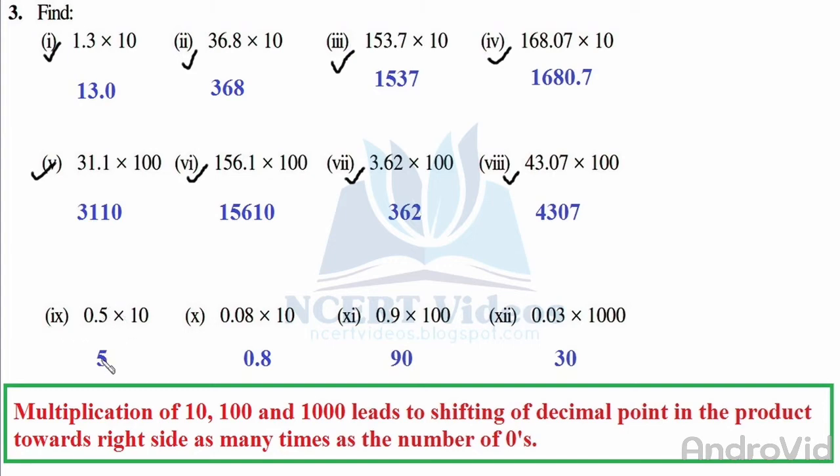Now 5 ones are 5, you have to move 1 place because of 1 zero. Initially you were here, you moved here, so it is 5 whole number. Now 8 ones are 8, so the number of zeros is 1, so you were here, you have to move here, so it will be 0.8.